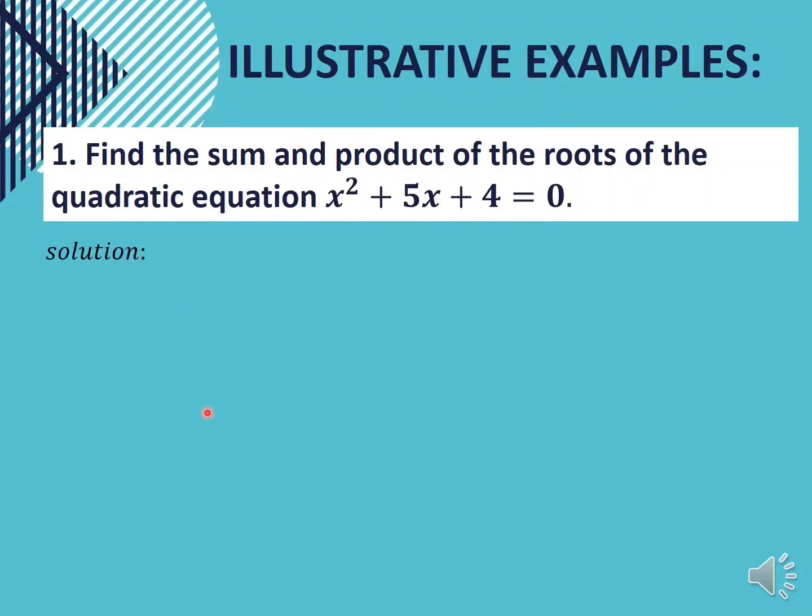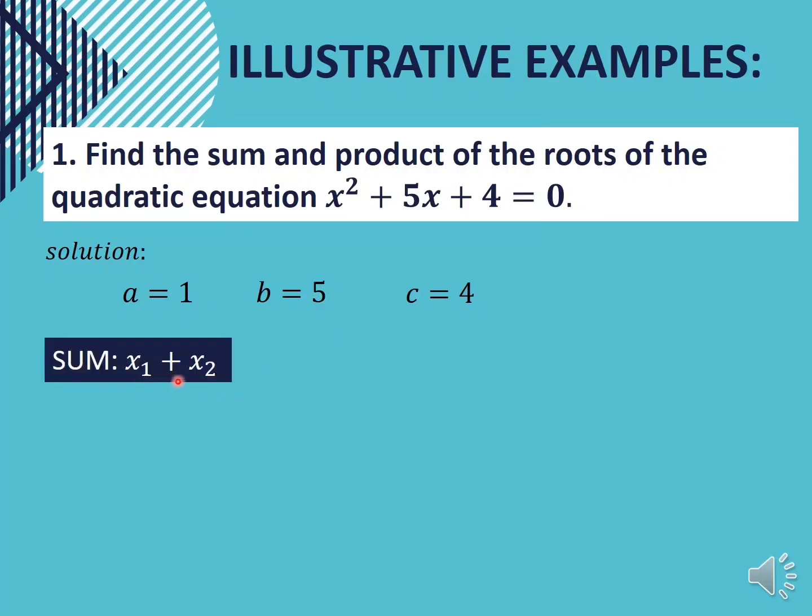So, here, let us find first the values of A, B, and C. A is equal to 1, B is equal to positive 5, and C is equal to positive 4. Always remember na kapag kinukuha natin yung values ng A, B, and C, make sure that the equation is written in standard form.